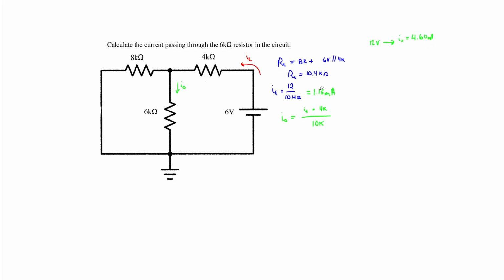Therefore, we need to find our total equivalent resistance again, which we can solve for as RT equals 4,000 plus 8K in parallel with 6K. That gives us a total equivalent resistance of 7.43 kiloohms.